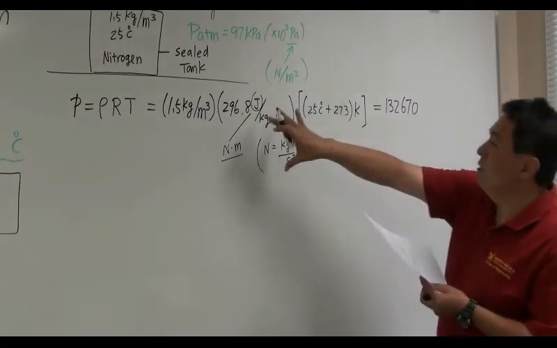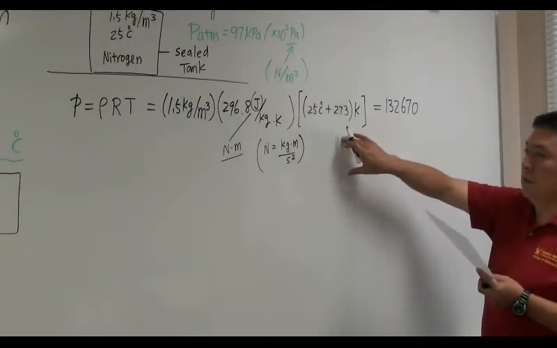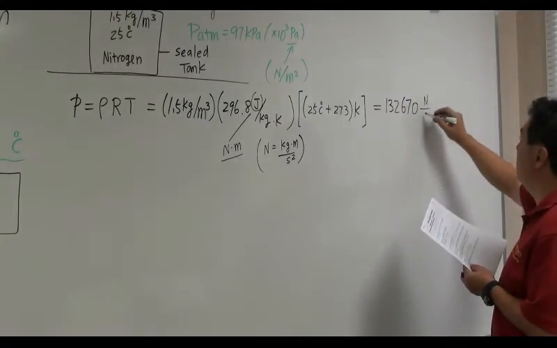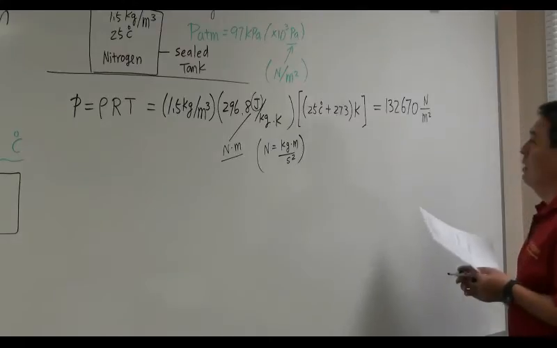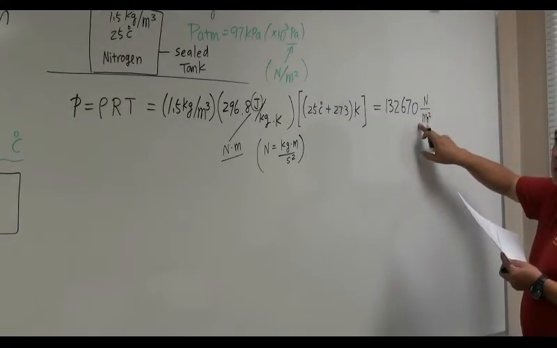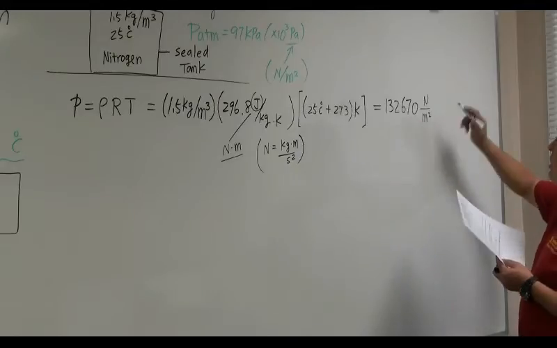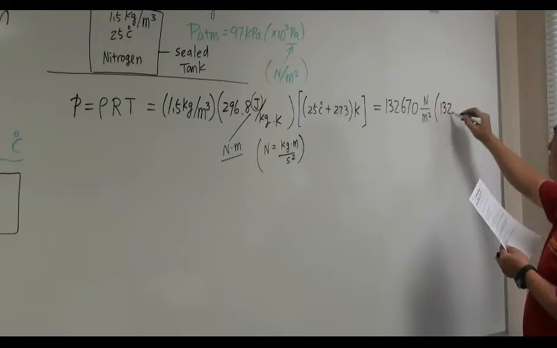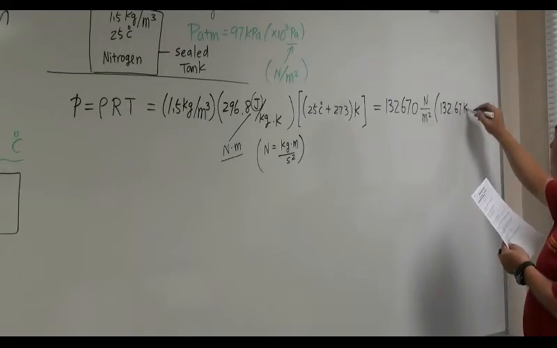If you plug in all of those values with standard units, everything cancels out. The unit is essentially Newton per meter squared. Now 1000 Newton per meter squared is 1000 Pascal, which is kilopascal. So this is actually 132.67 kilopascal.